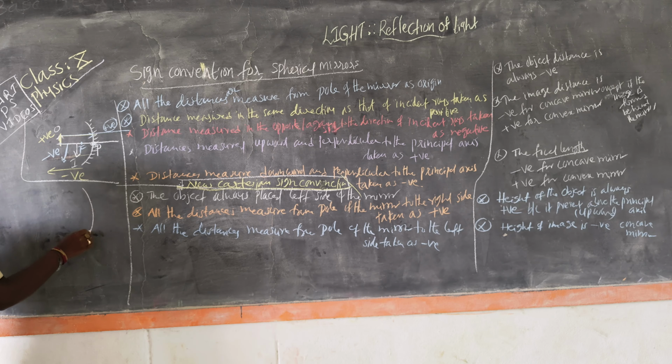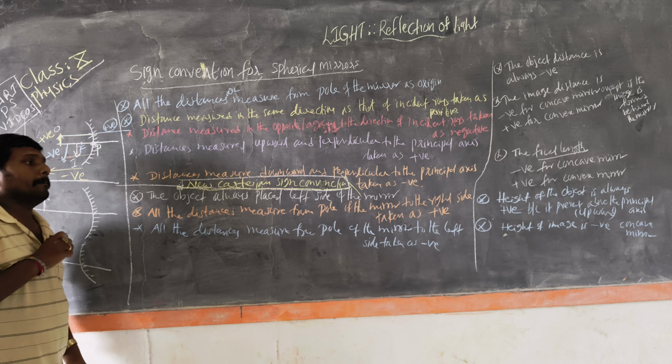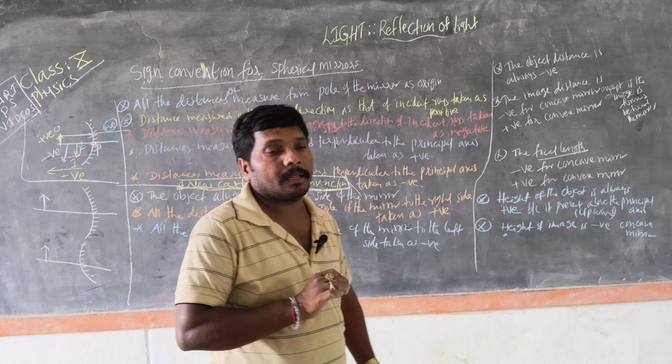So if it is a concave mirror, the object must be placed on the left side, not the other side. Even in case of a convex mirror, the object is placed on the left side of the mirror.